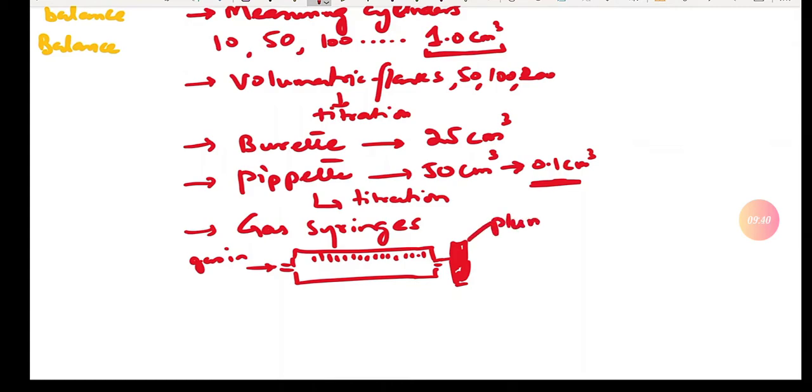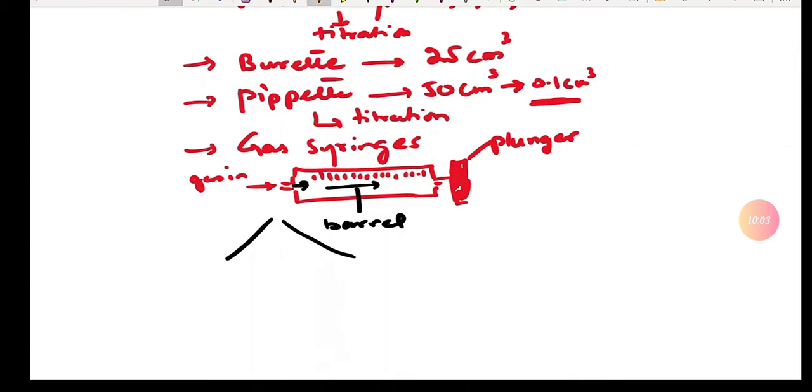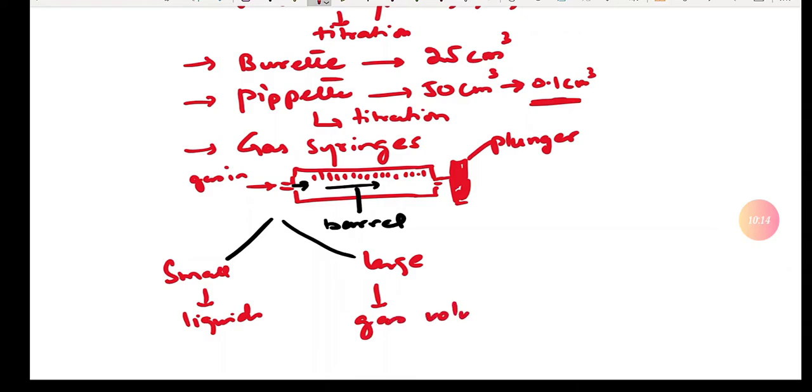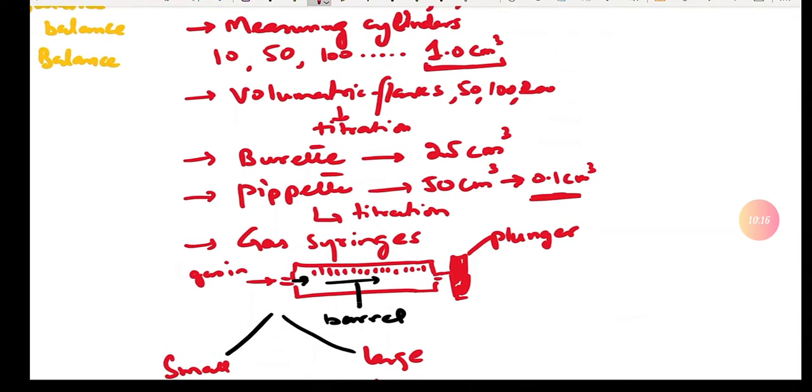This is the plunger, and this is the barrel. The barrel is pushed back when the gas enters, and then the plunger is moved in and out. We have two types of gas syringes, small and big ones. The small ones are used for measuring liquids usually, and the large ones are used for measuring gas volumes in terms of accuracy.